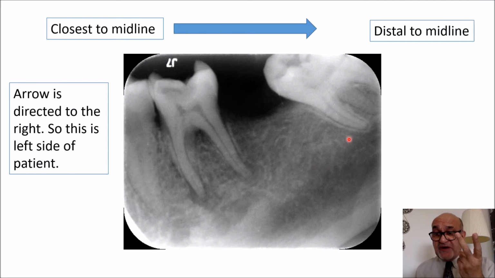We know that we have 2 roots, or sometimes even 4 roots, but an extra root in the middle is an anomaly that we don't see so often. However, if this is the 5, this is the 6, this is the 7, so this is the area closest to the midline. Then I will draw a line that goes posteriorly. The line is directed towards the right. It means that this is the left side of the patient.